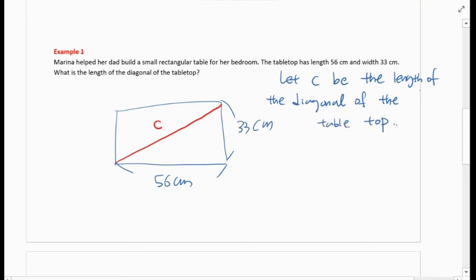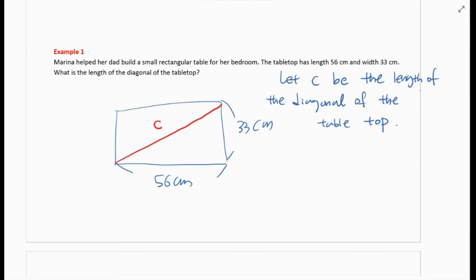Alright, everyone, if you look, this is a right triangle. And we're going to find C using the Pythagorean theorem. So I want you to pause the video and try this question by yourself first. Alright?